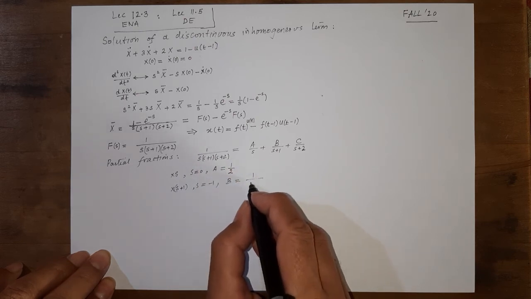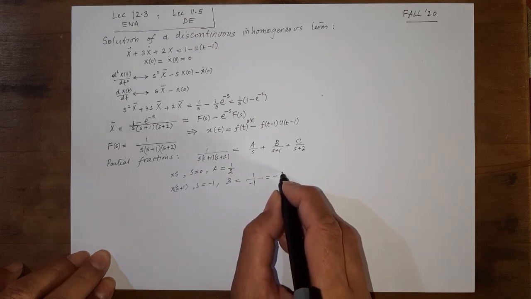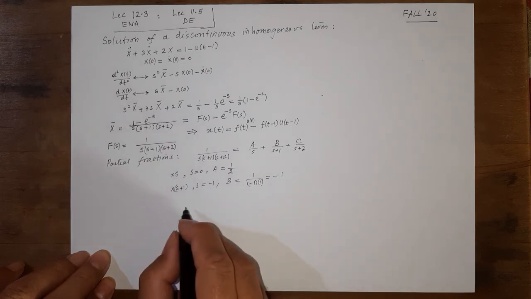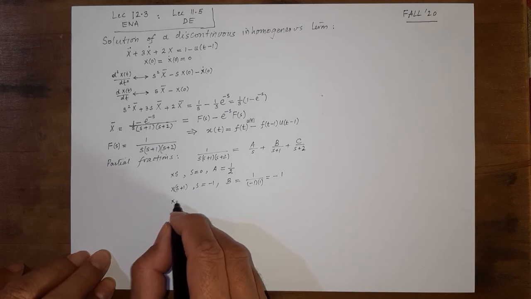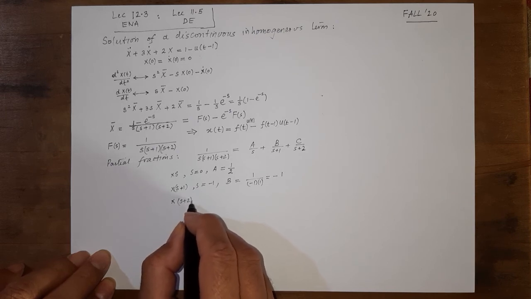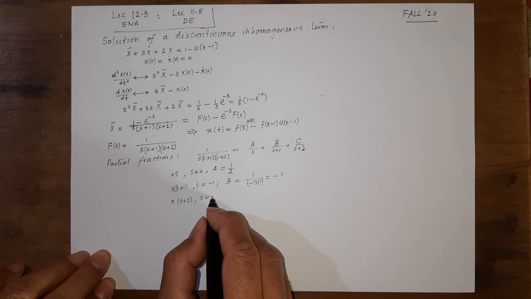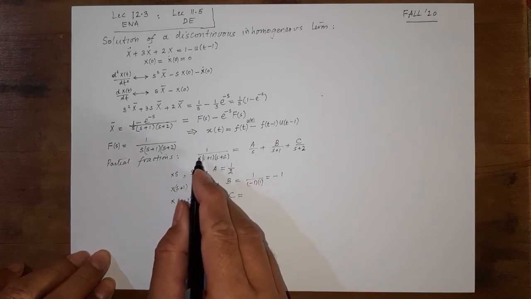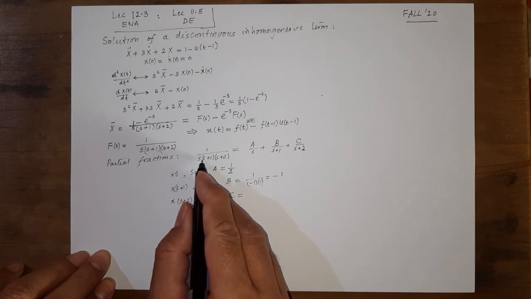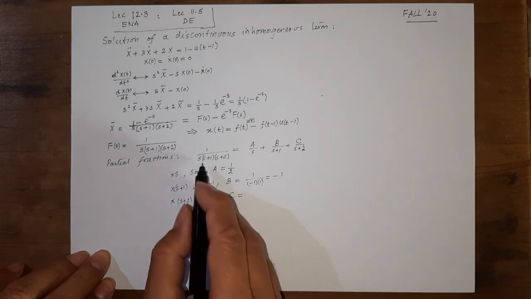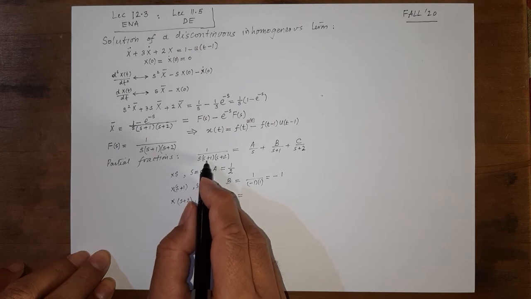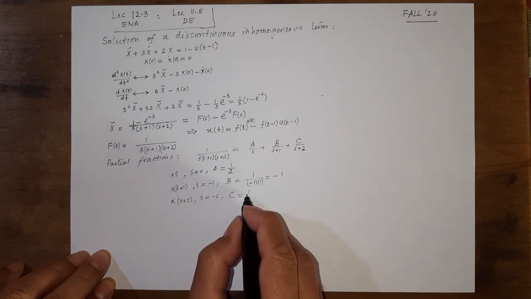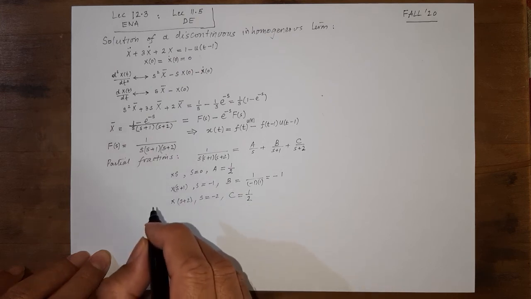So we get minus 1 here, which is actually minus 1 into 1, which is minus 1. And if we multiply by s plus 2 and put s equal to minus 2, we get C is equal to 1 over minus 2 times minus 2 plus 1, which is minus 1, and we get minus 2 here, so we get 1 by 2.